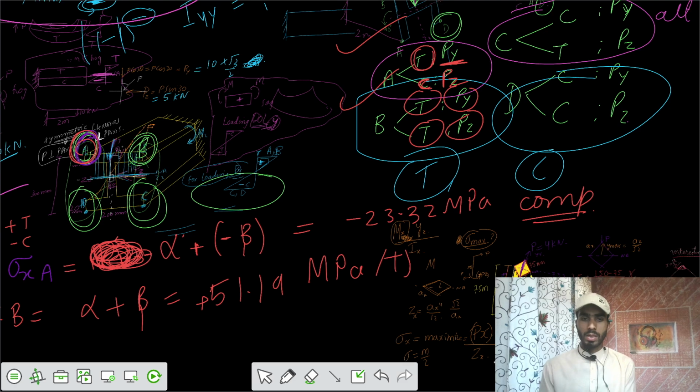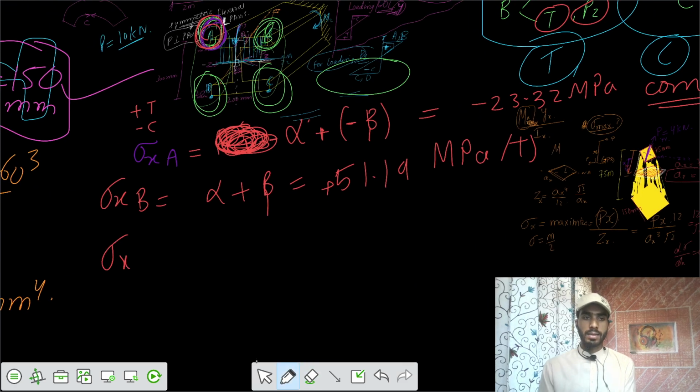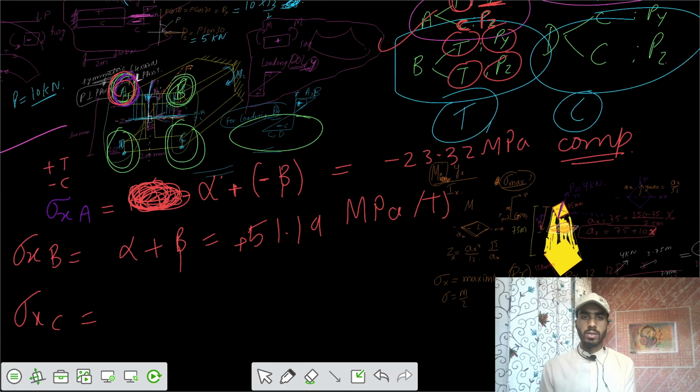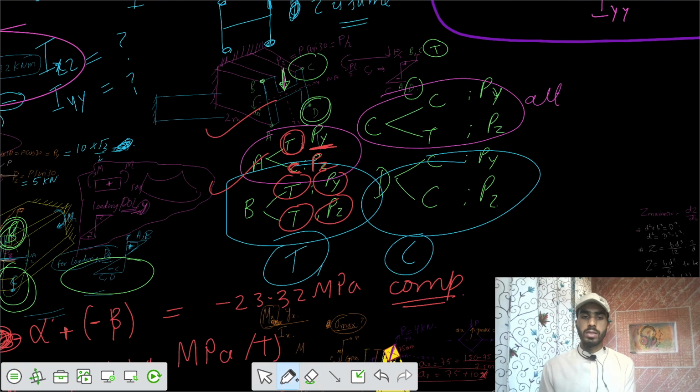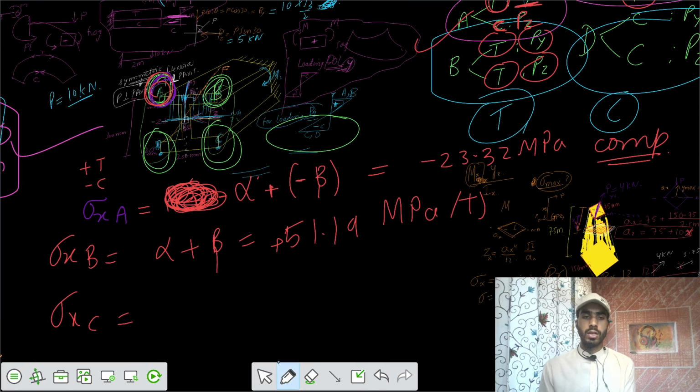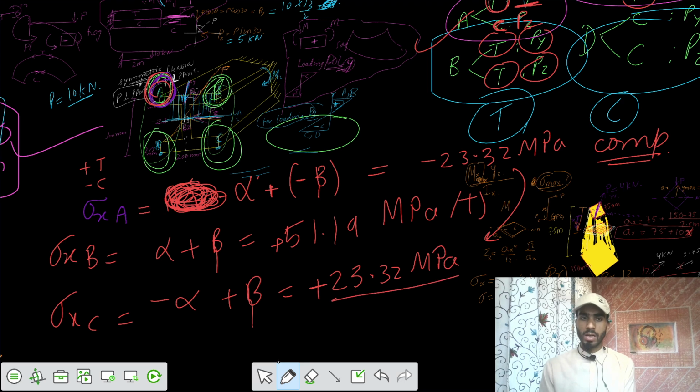Then sigma x at corner C. At corner C, one is compressive, so alpha is compressive and beta is positive tensile. So you write minus alpha plus beta, and you got a value of positive 23.32 megapascal. It is the same value as for A, but one is compressive and the other is tensile.